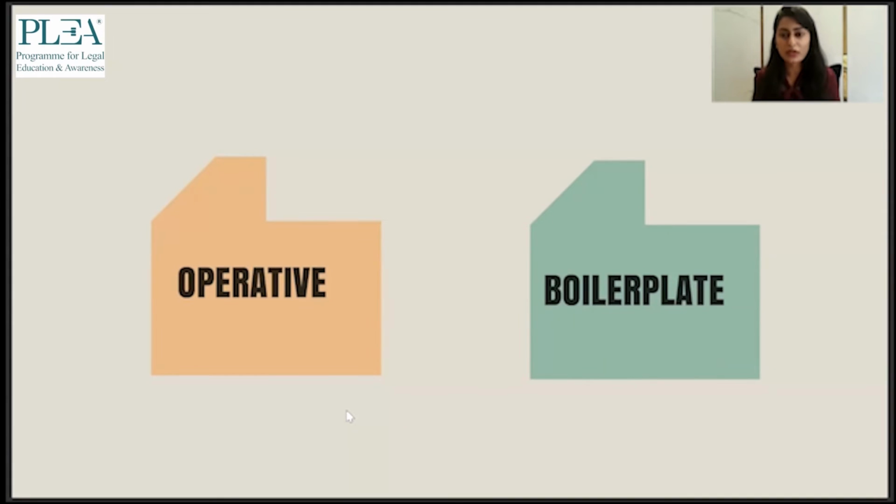You should also include the words such as the seller is in full use, occupation, and in exclusive possession of the flat. Exclusive possession as in only that person is having the possession of the premises and not some other XYZ person. So exclusive means that only you have, and you're going to give the exclusive possession to the buyer. That means only the buyer in the next stage of the transaction is going to have the possession of the flat.